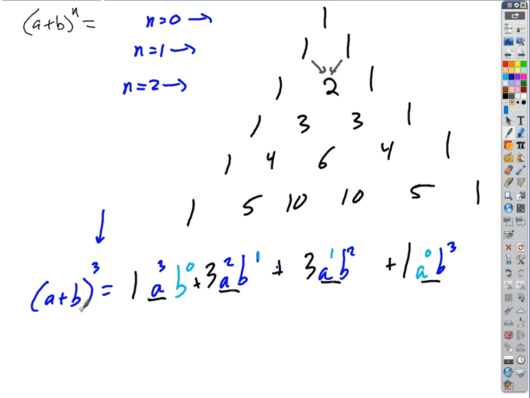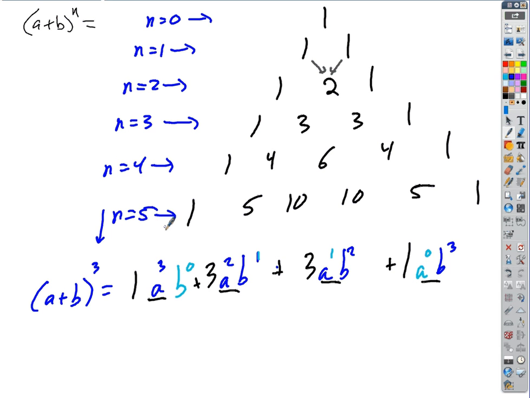Okay, so we could do this. What do you notice here? Look, I want you to see if you can see some patterns. Do you notice any patterns in these coefficients?